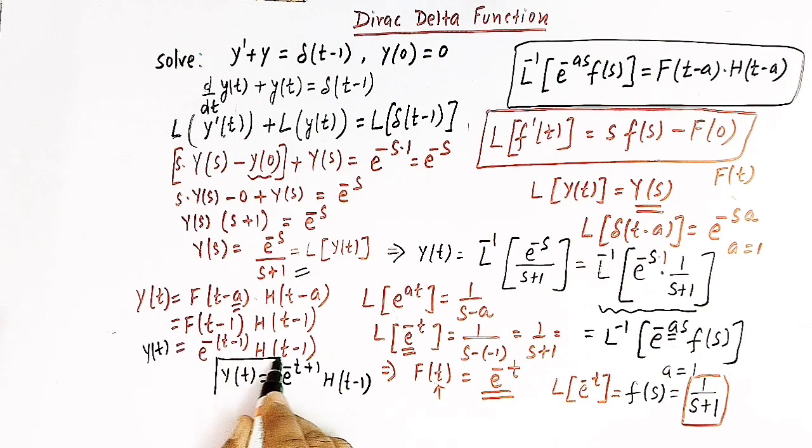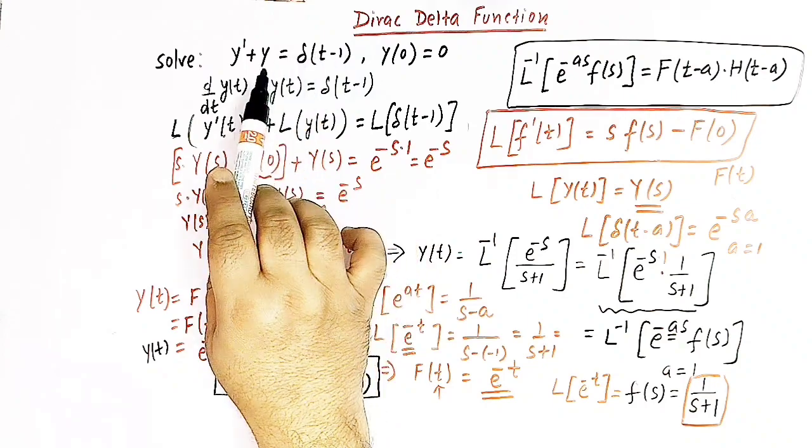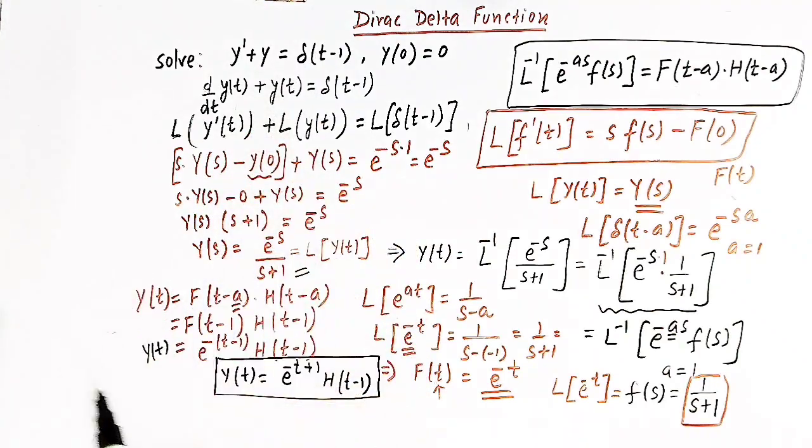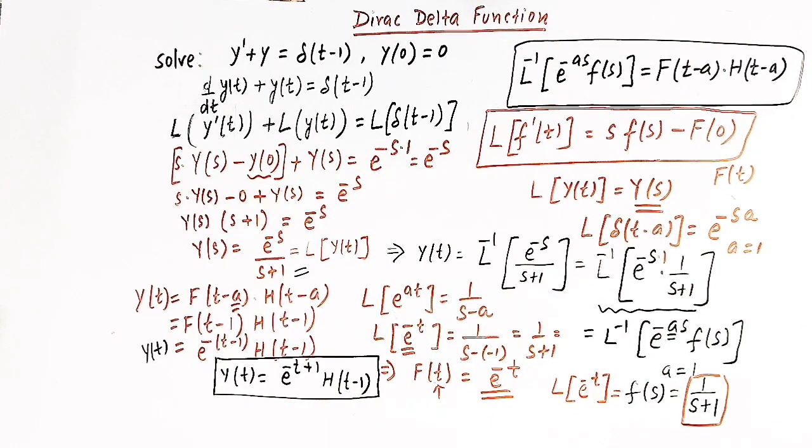So viewers, this is the solution of this differential equation containing the Dirac delta function, right? Because the purpose of solving a differential equation is to get the function. So here our function y of t is equal to e raised to minus t plus 1 times h of t minus 1.